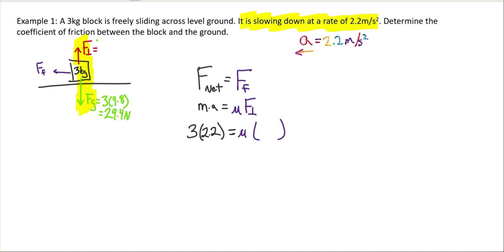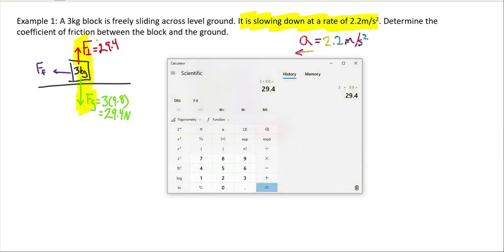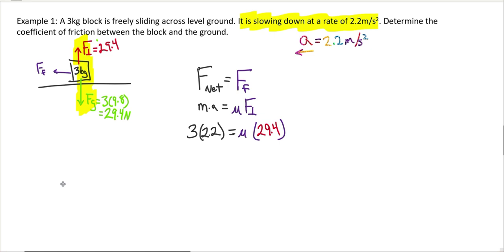So that means my normal force has to balance gravity in this particular situation. In this particular situation, my normal force is 29.4. So I can write that in here. All right. Now it's time to bring out our calculator again and finish this up. 3 times 2.2 was 6.6.